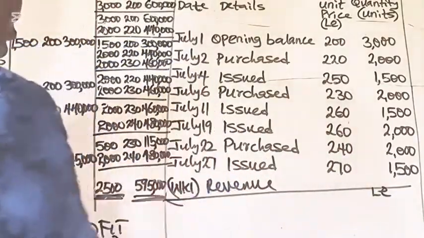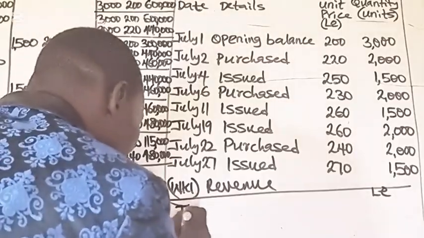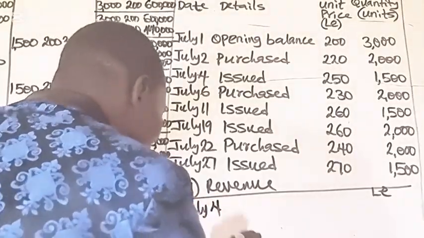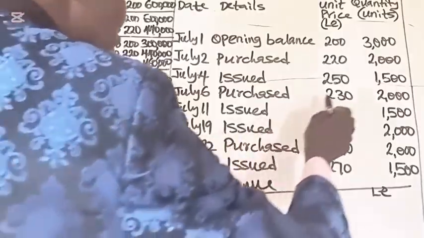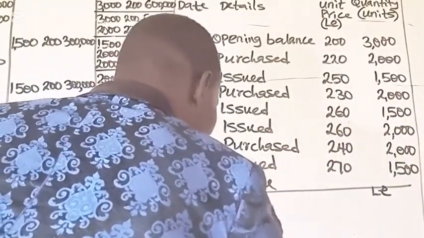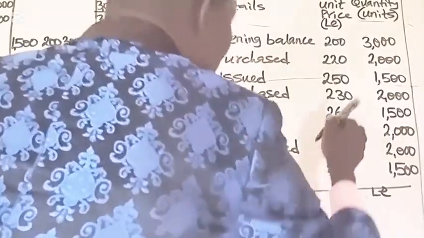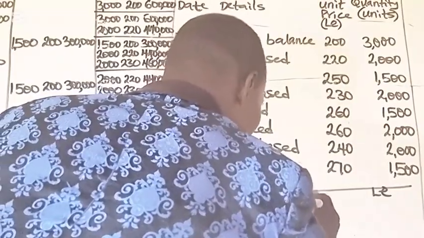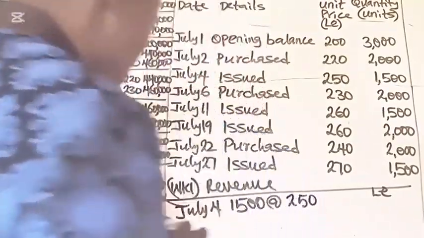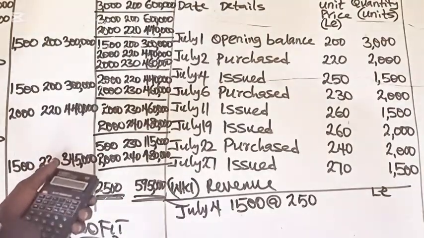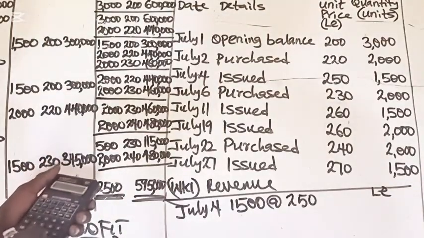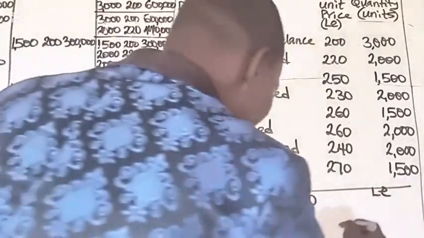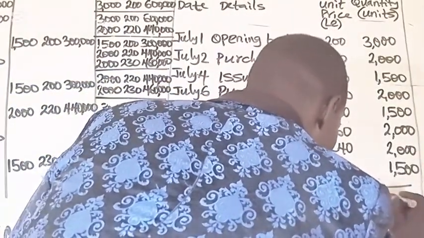So we have July 4. We have 1,500 at 250 Leone. 1,500 times 250 gives us 375,000 Leone.